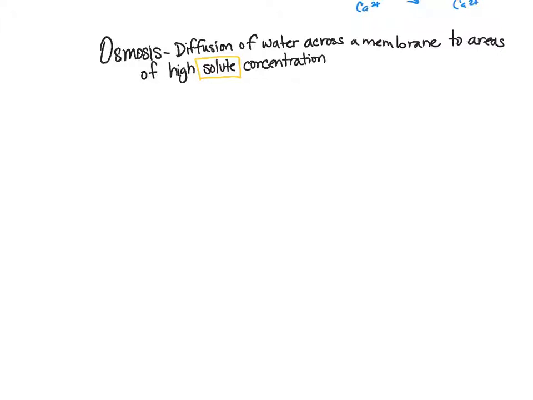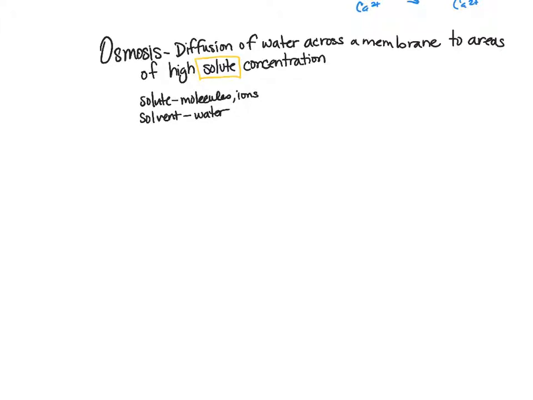So when we're talking about osmosis, we're going to be taking a look at solutes versus the water itself. So if we remember, a solute is something that's dissolved in a solvent. So the solute would be different molecules, right? Different molecules or ions. The solvent then is water, right?